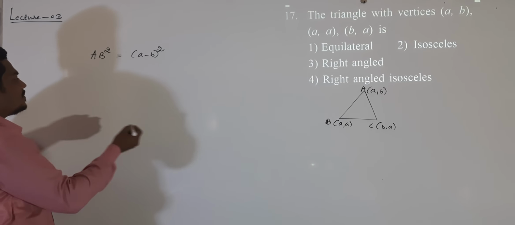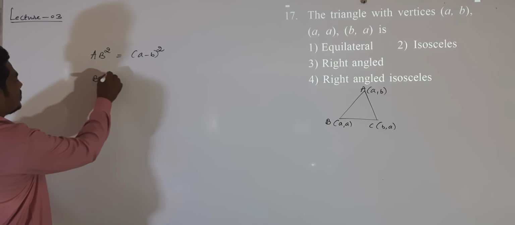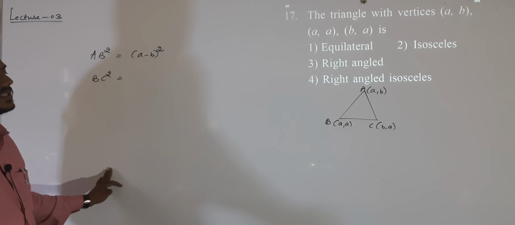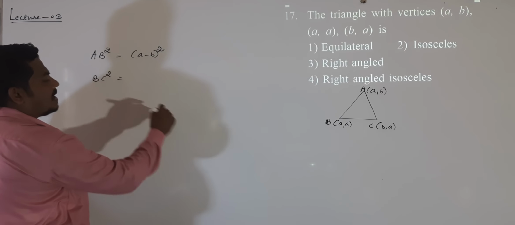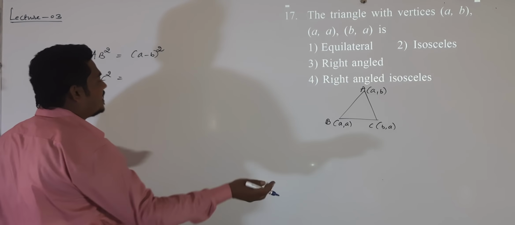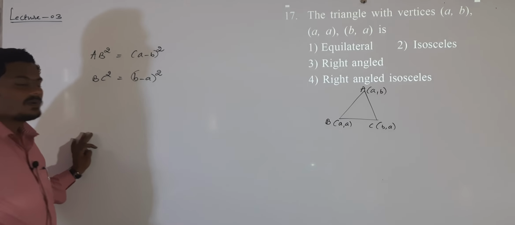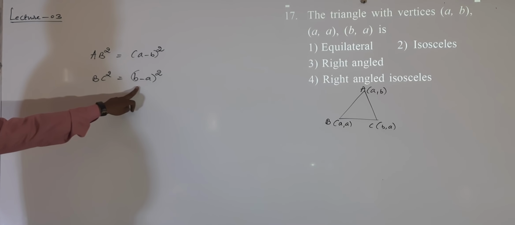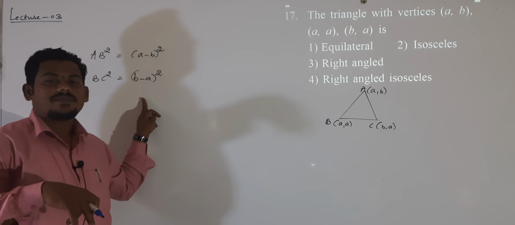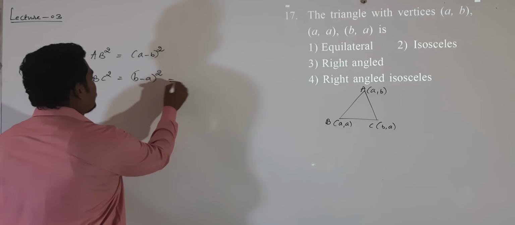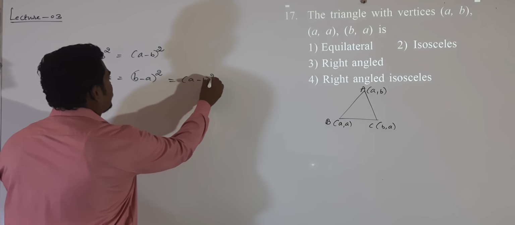Then similarly, what is BC square? BC square is equal to, by using the distance formula, (B minus A) whole square, and the A minus A term gets cancelled. And we already know (B minus A) whole square is the same as (A minus B) whole square. That is equal to (A minus B) whole square.